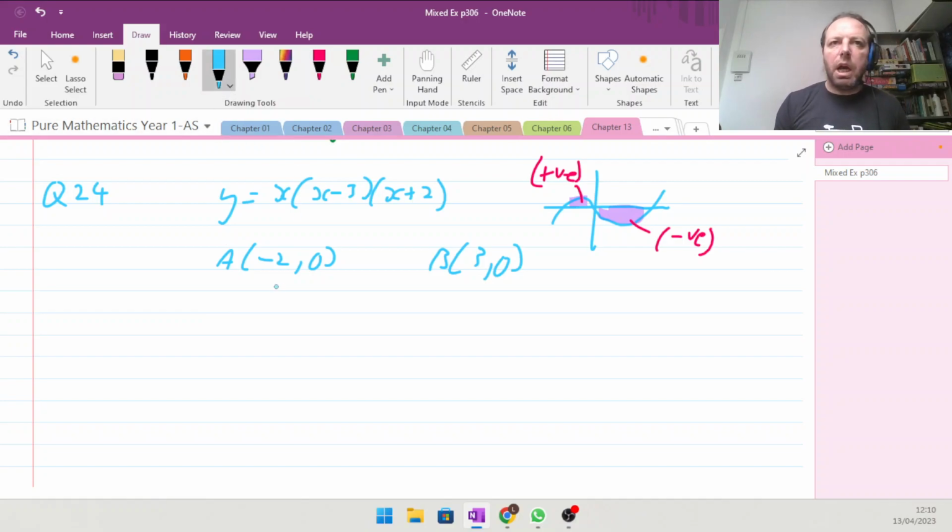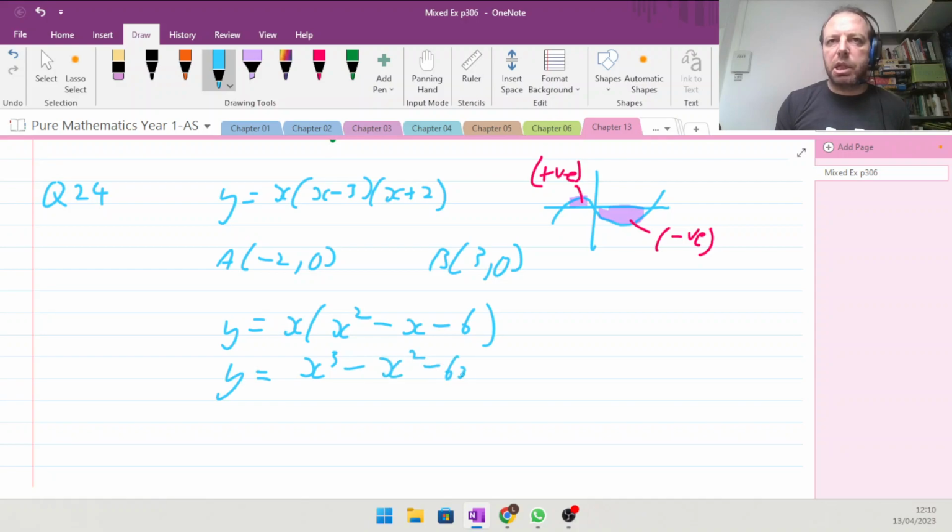Okay, y is going to equal, let's multiply this all out. We've got an x on the outside, and we've got x squared minus x minus 6, because minus 3x plus 2x gives us minus x. So we end up with y equals x cubed minus x squared minus 6x.